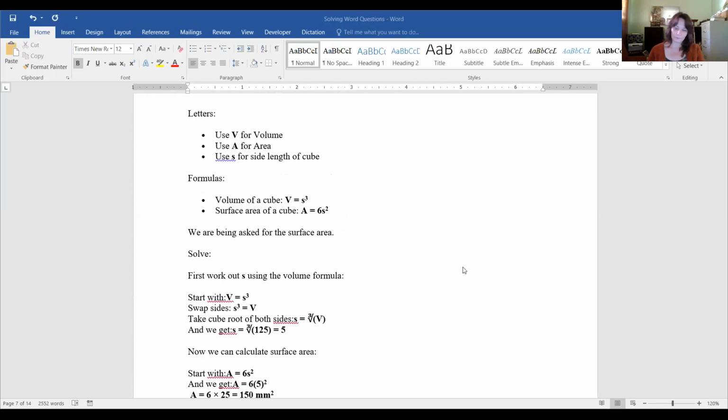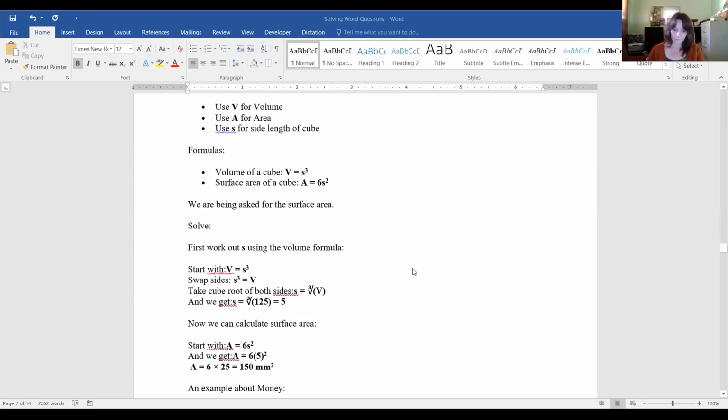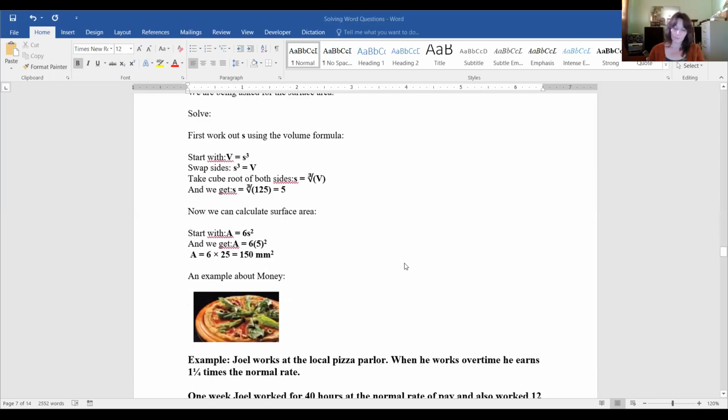A lot of word problems will have this two-step approach. You have to solve one formula to solve the next, but you will always be given enough information to be able to solve one of them easily. And then it's just about substitution after that.